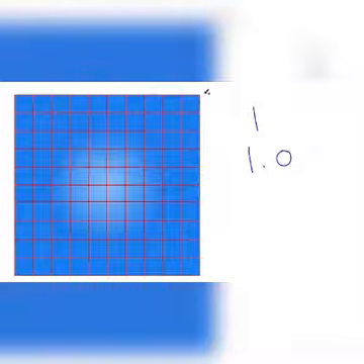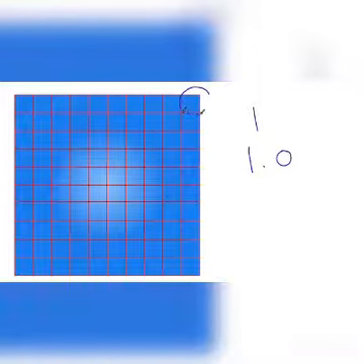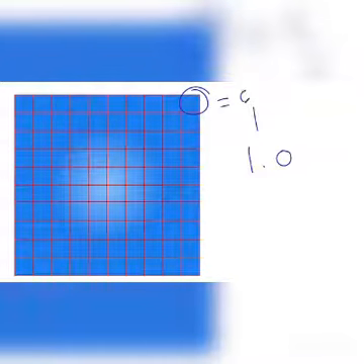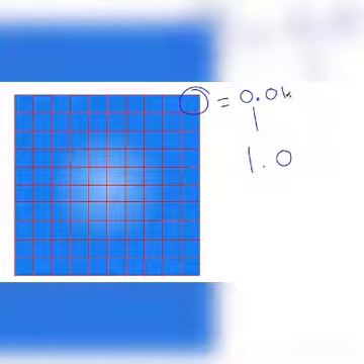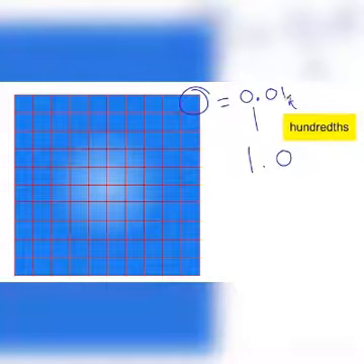So just one of these equals 0.01, or 1 out of 100, because we have a 1 in the 100th position, or 100th place value.